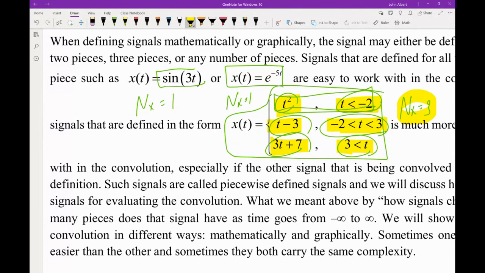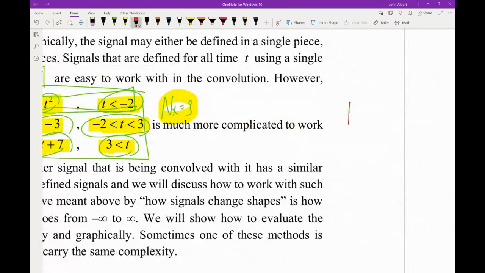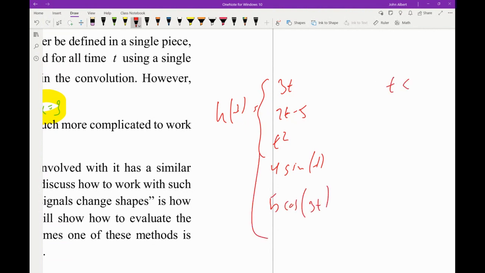h of t could also be defined in the same way. For example, maybe h of t will be equal to the following: 3t, 2t minus 5, t squared, 4 sine t, 5 cosine 3t, for example. Where this thing is for t less than minus 5.